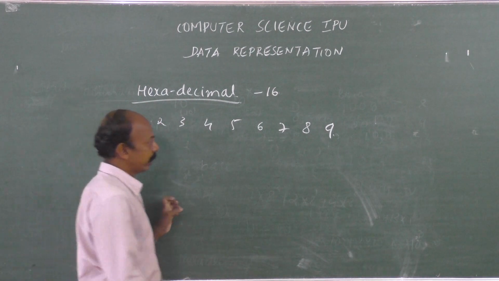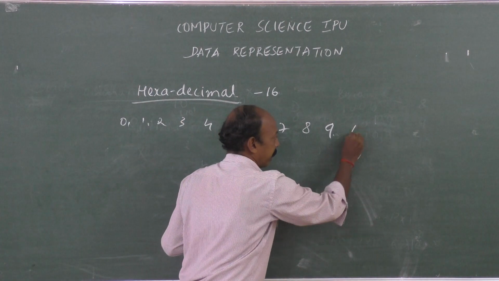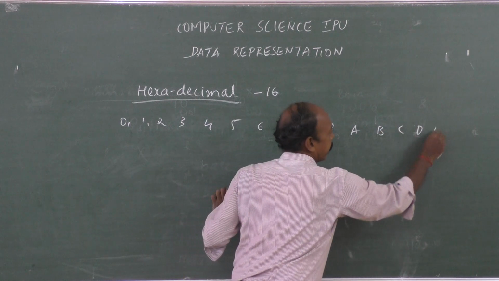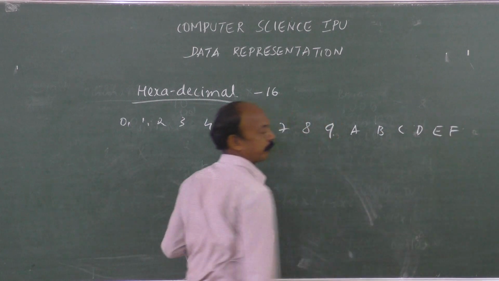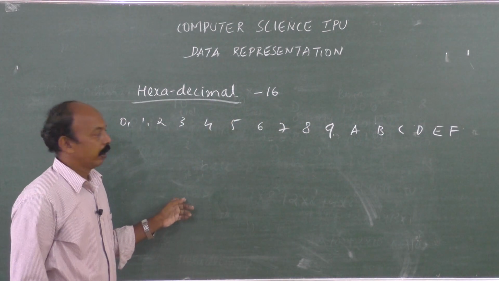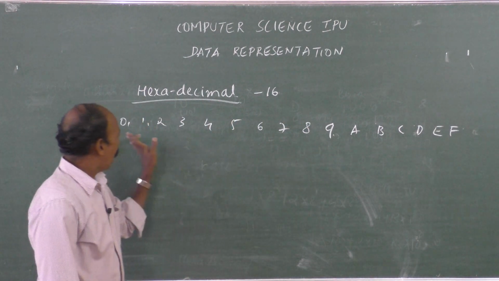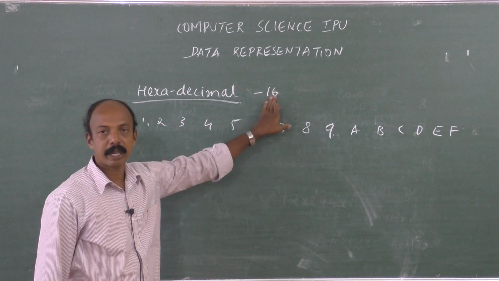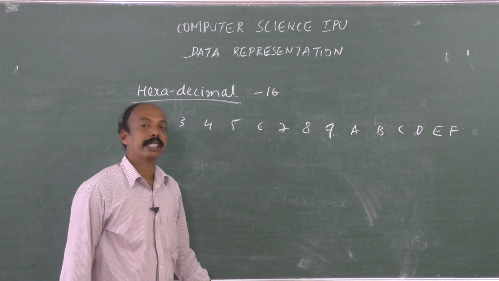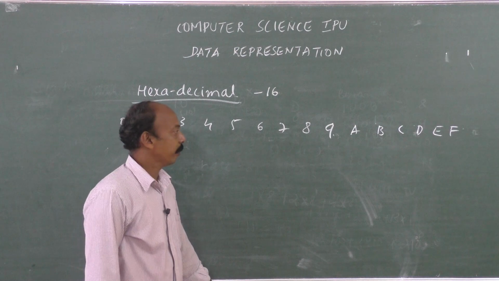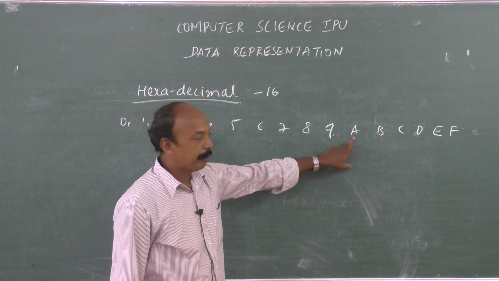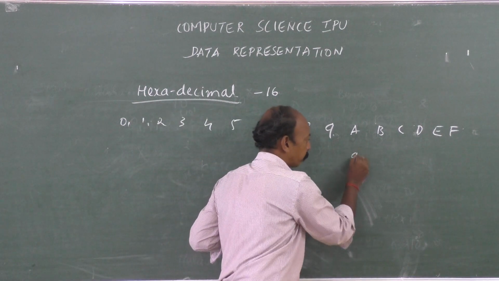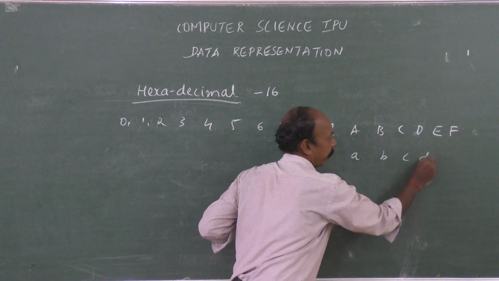After that, it's not over. We have to write A, B, C, D, E, F. So how many symbols do we have? 16. That's why the base is 16, and that's why we call it hexa. It can be capital A or small a, or we can also have small a, b, c, d, one and the same. The value doesn't change.